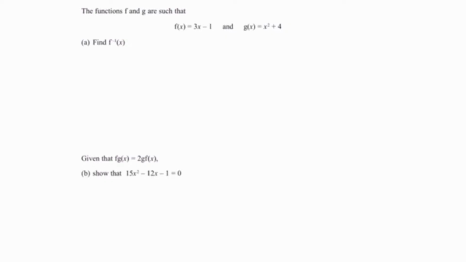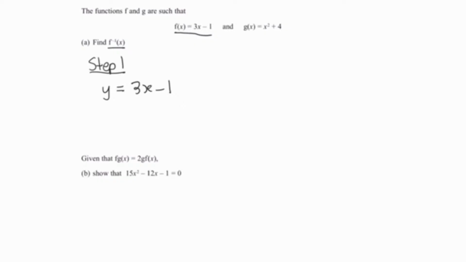And with functions, there are a few important things to know how to do. One of them is the part A of this question, which is finding the inverse function. So all you need to do is, we look at this, f(x) equals 3x minus 1. Step 1, we say let y equal 3x minus 1.